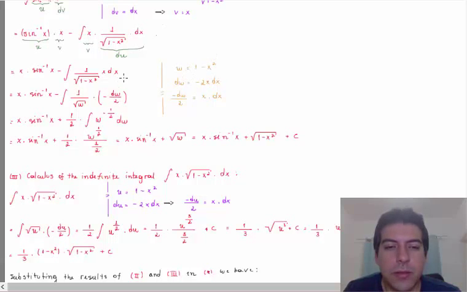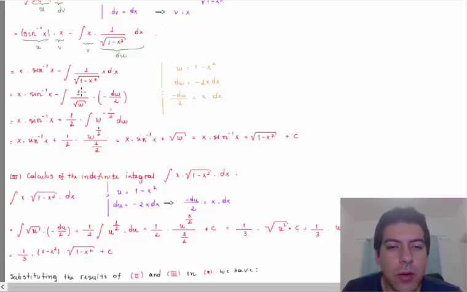So we perform this substitution right here. x times sine minus 1 of x plus this 1 over 2 with this minus sign, I will put outside of the integral. So I have plus 1 over 2 right here.